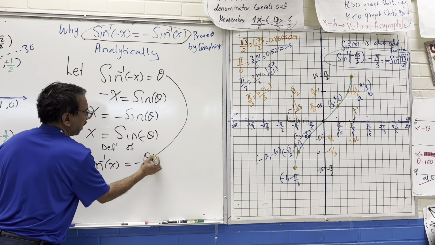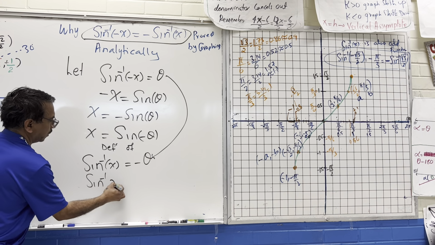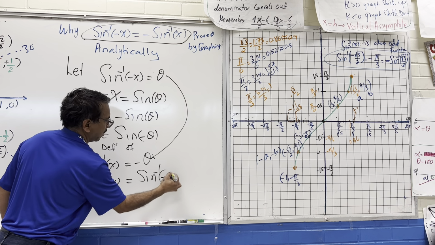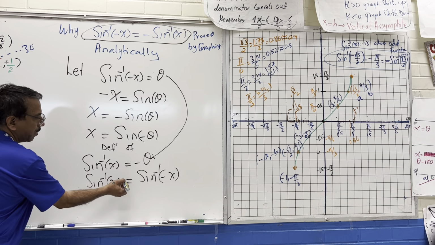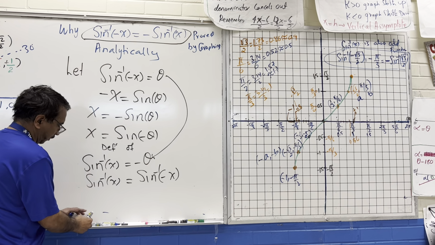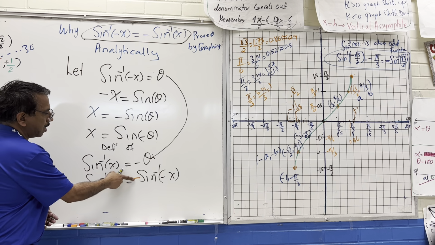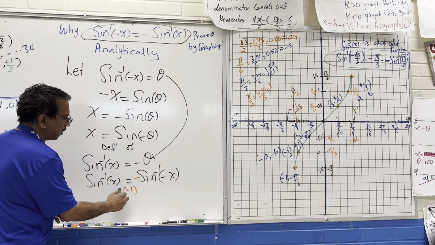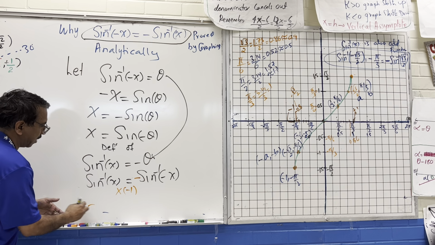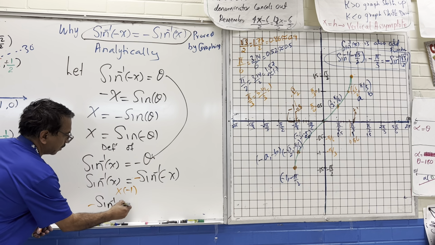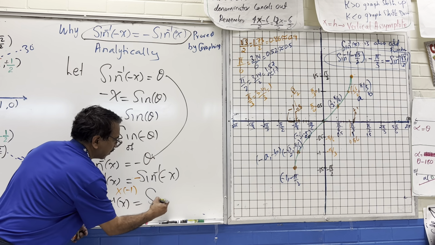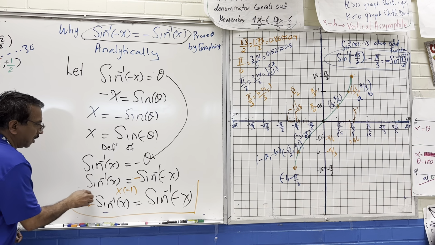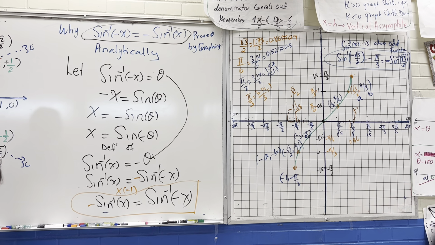Then you replace theta back here, and again multiply by -1 on both sides. There the proof is.